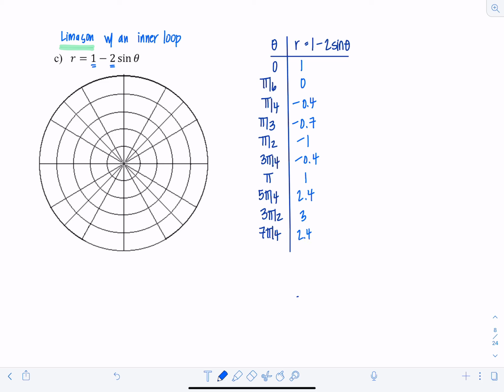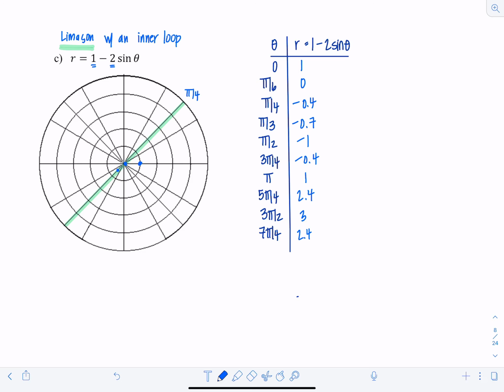Okay, let's plot this. 0, we have 1. Pi over 6 is 0. Ooh, how strange. Okay. Pi over 4 is negative 0.4. So remember, here's pi over 4, but when it's a negative radius, you go in the opposite direction. So here's pi over 4, but I have to go in the opposite direction, 0.4, since the radius was negative.